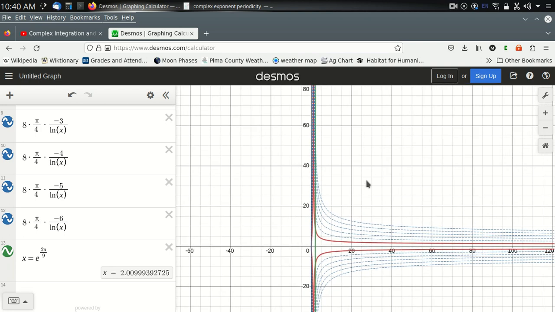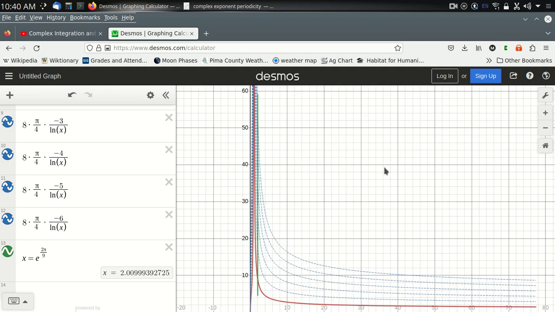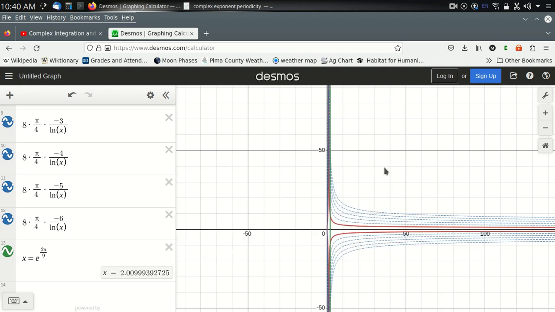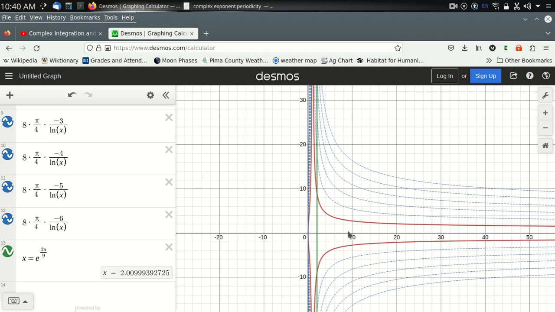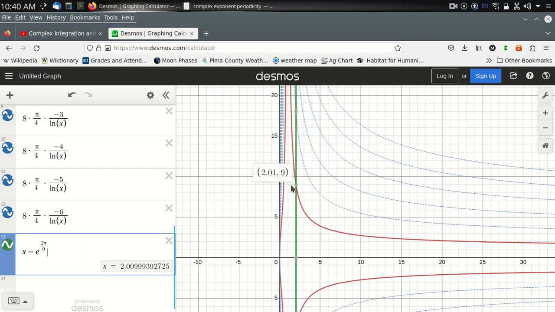So now we're going to get, where's it at? Oh, this one, there we go. 9, 18, right? And here your base is 2.01, real close to 2.01. Your base, it's not e, it's really close to 2.01, right?